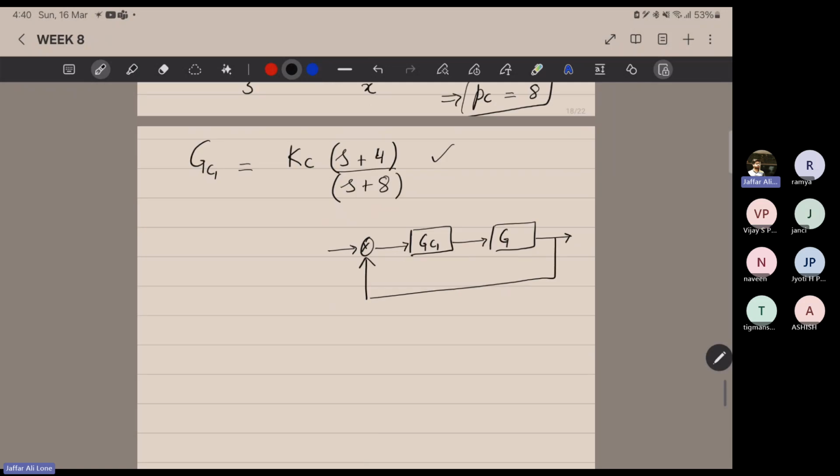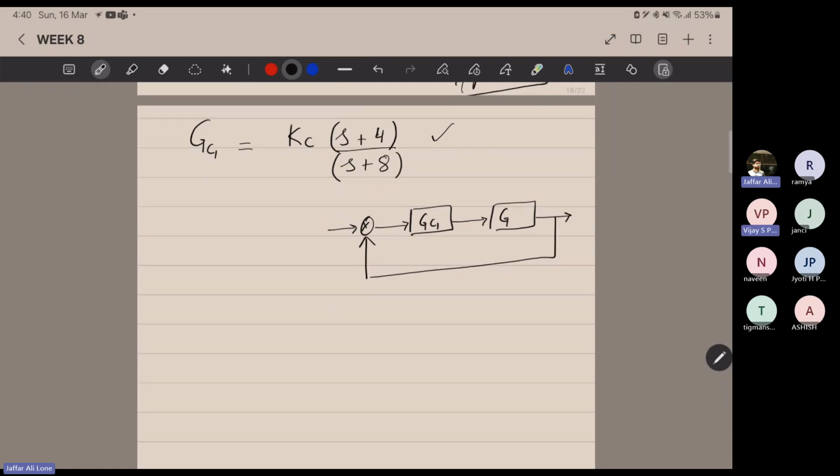So in order for us to find the value of this KC, what we will do is go for the magnitude condition, that is GC of S at the desired pole, because now I have reshaped my root locus such that my point is now lying on the root locus.